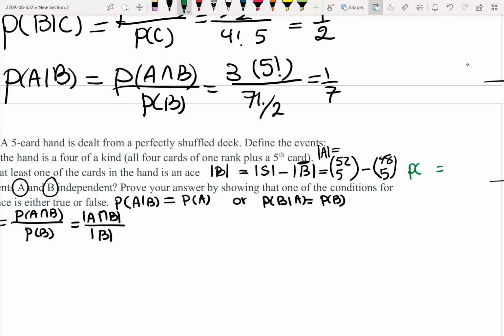I was just explaining, if your question asks you the probability, that's going to be the size of B divided by size of S. For all of the cases, I do not write the sample size denominator because they cancel out. So I just need the size of each of these sets. So give me the probability of 4 of a kind, and then the fifth one, whichever.